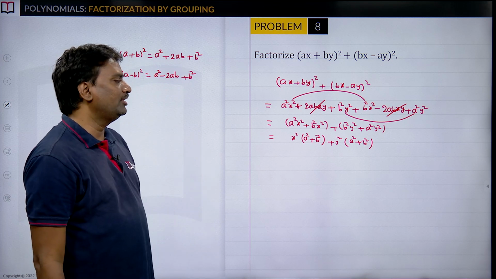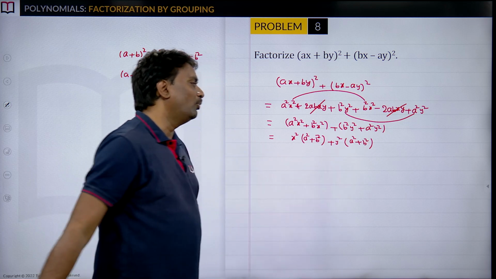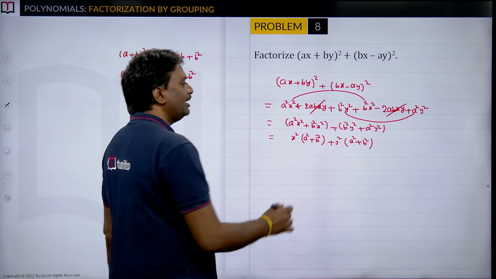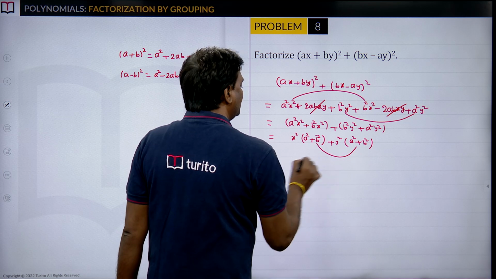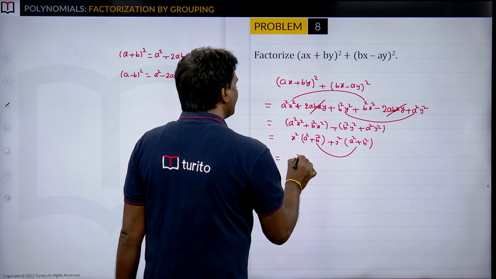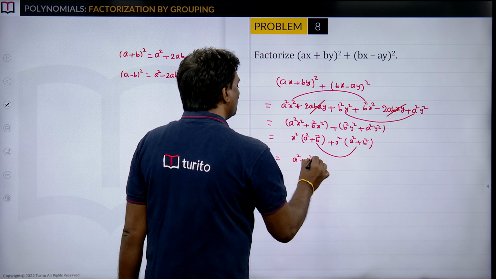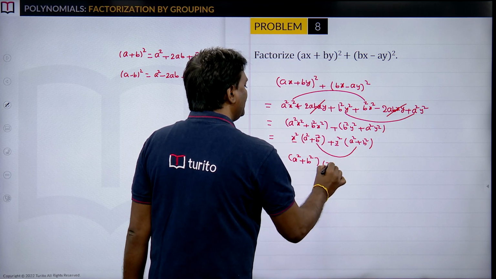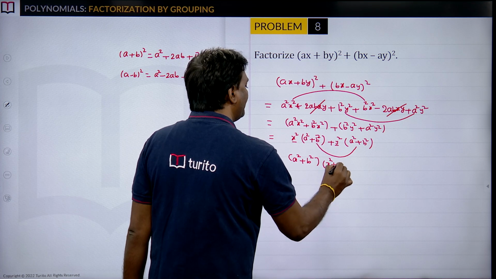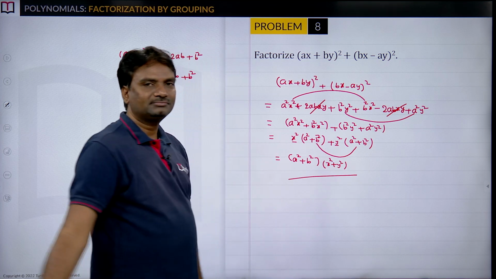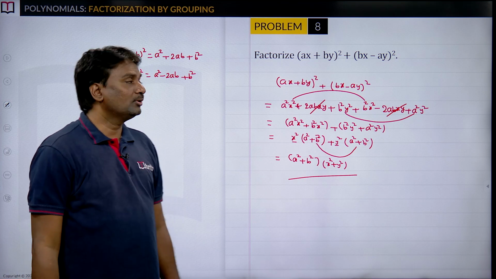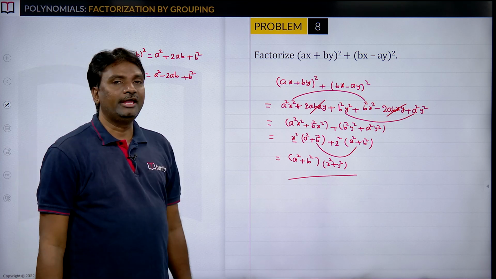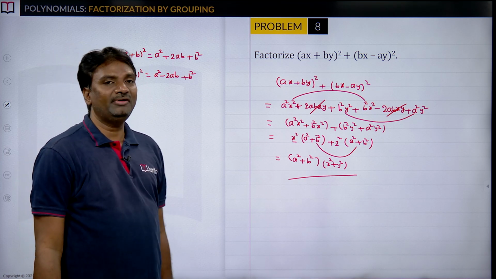So, x square of a square plus b square, here we have y square of a square plus b square. Again we can take a square plus b square as common. So, by taking a square plus b square as common, here we have x square, here we have y square. So, x square plus y square. So, this is the product of the given polynomial (ax plus by) whole square plus (bx minus ay) whole square.